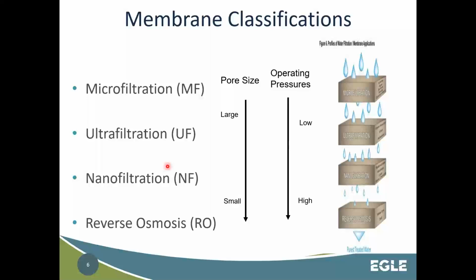So say if 100 gallons was introduced to those filters, maybe only 50 gallons goes through it. And then that reject water is then sent to another membrane. And so that's different. I'll show some examples of that. Whereas micro and ultra filtration are in a dead end configuration, and basically all the water goes through.